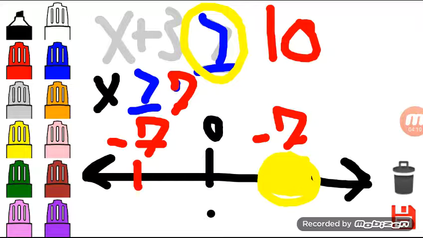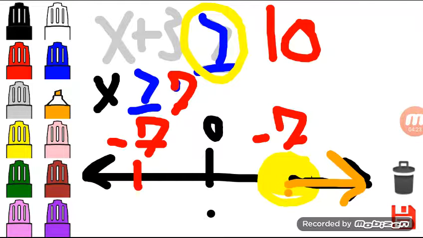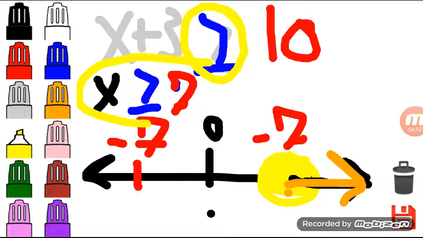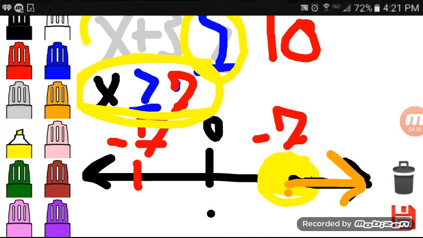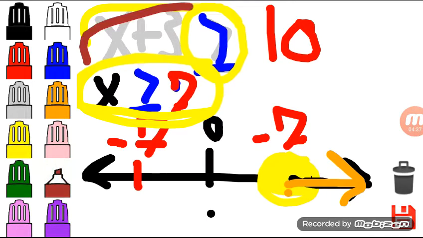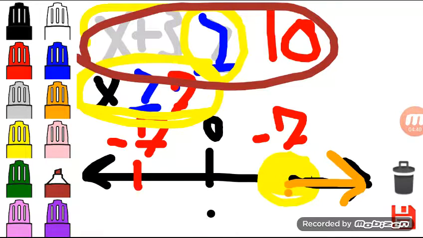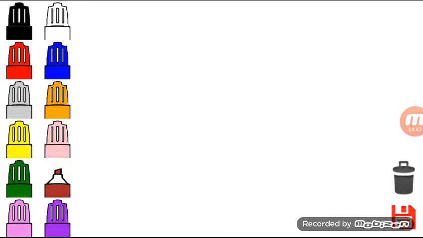And because it's greater than 7, you follow the line and draw all the way over. That's how we solve that equation. We're mostly focusing on the solved inequality here, not the one where you have to do so much work.